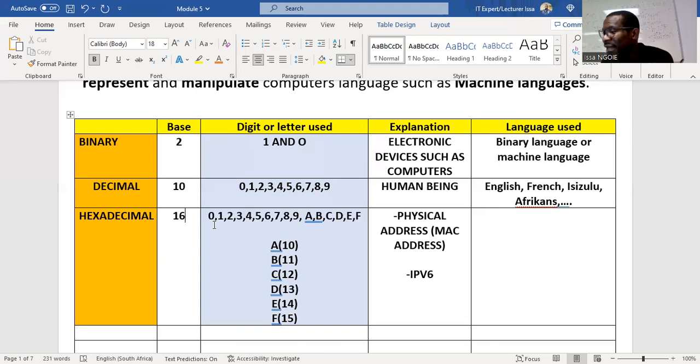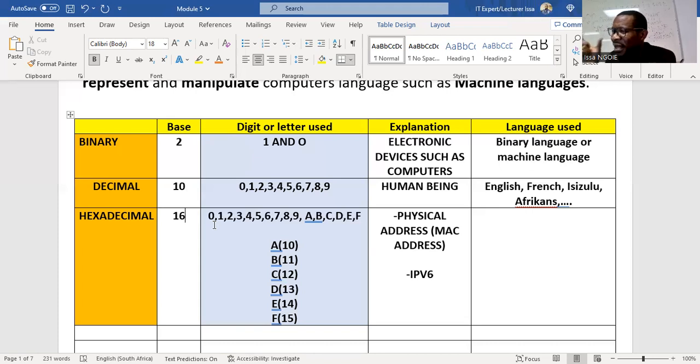Now you have to learn about this hexadecimal system, right? So what I've said is, your switch, your phone, your computer will have its own physical number, a unique number that you cannot change. That unique number, we call it the MAC address.